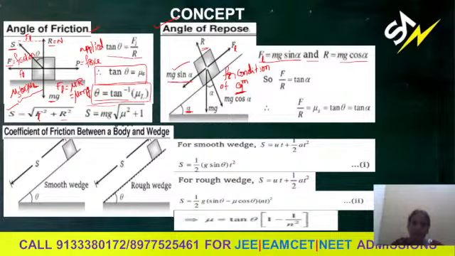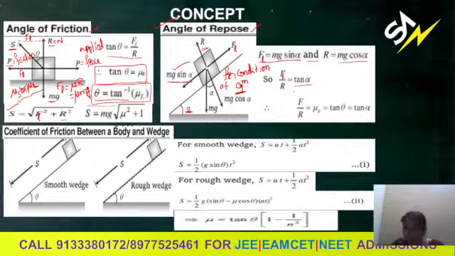Now we can find the angle of repose, which is the angle made by the incline with the horizontal at which the body just starts to move down the surface. Take limiting friction FL by R, which is equal to tan alpha, since mg sin alpha by mg cos alpha gives tan alpha.